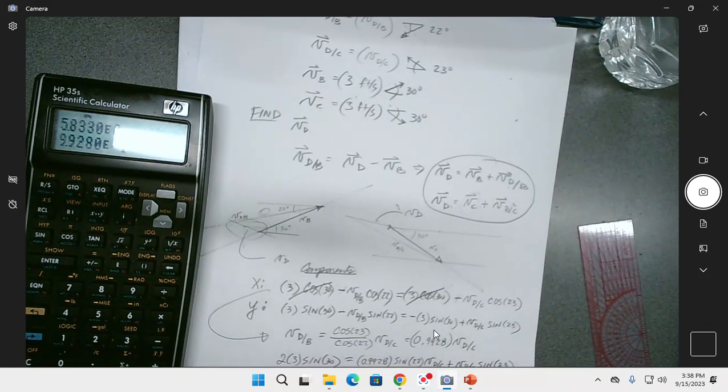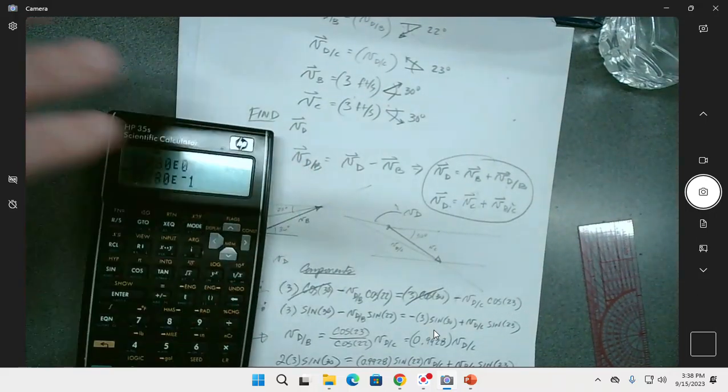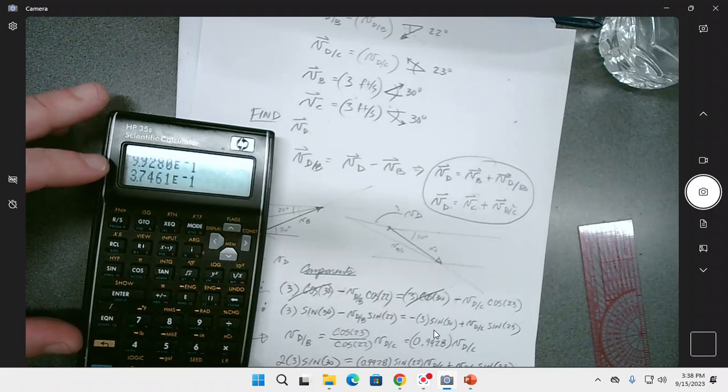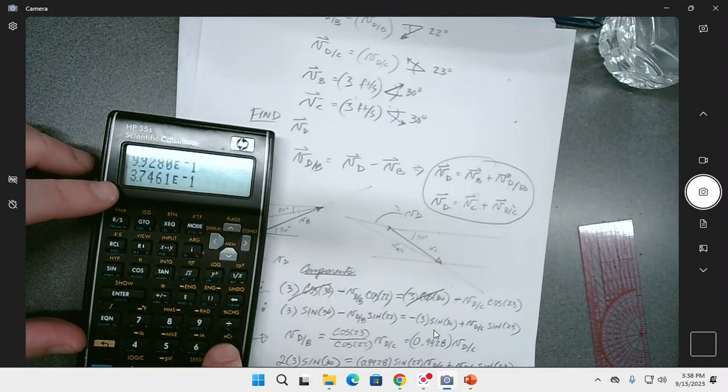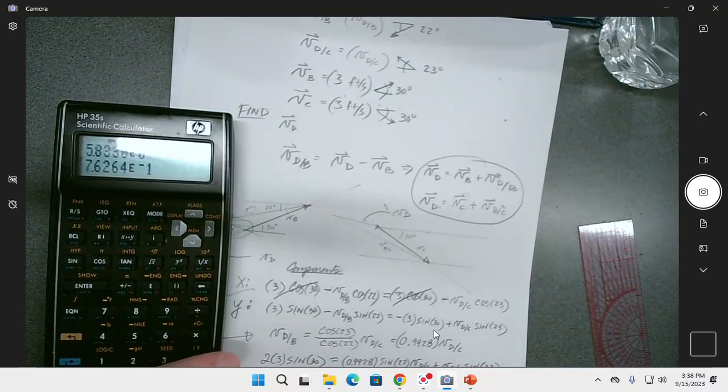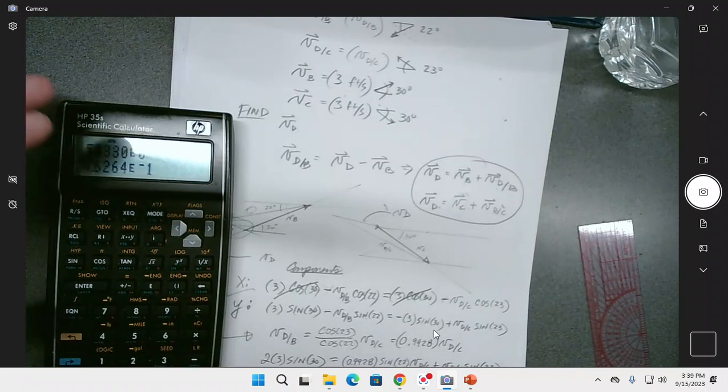I bet one of those things would have canceled out. Maybe not. Sine of 22. No, it's the sine, so it wouldn't have canceled out. I was thinking cosine, right? Boom. And then 23 sine. I'm going to add them. All right, so this whole thing becomes 0.7626 times VD with respect to C.